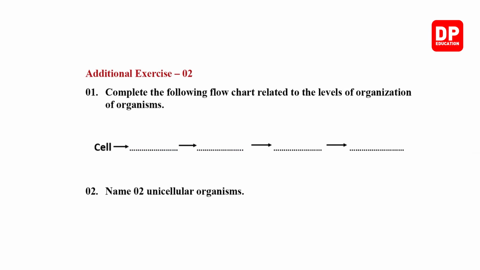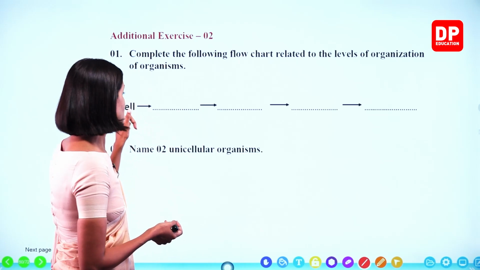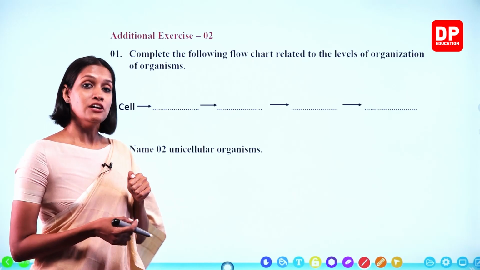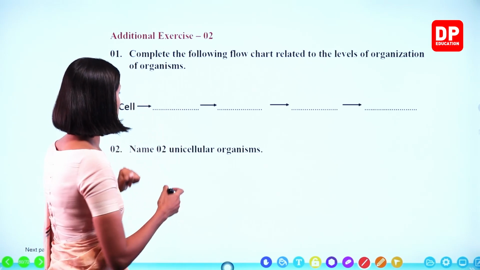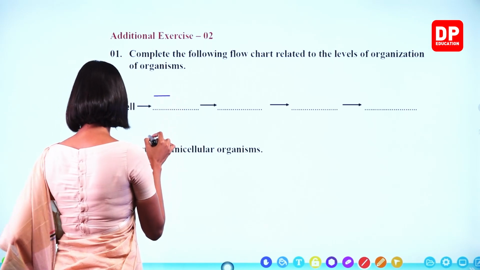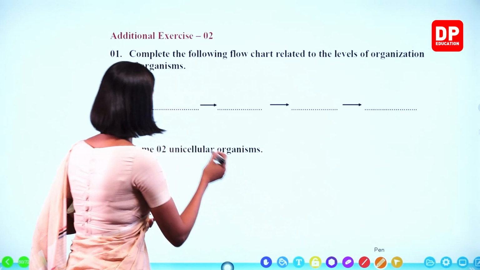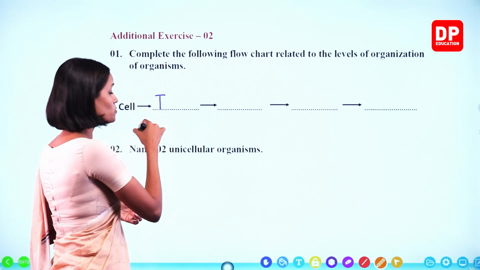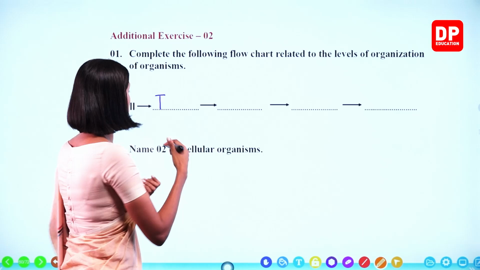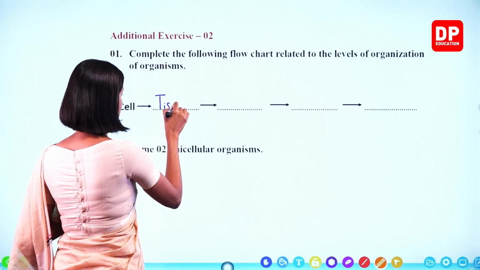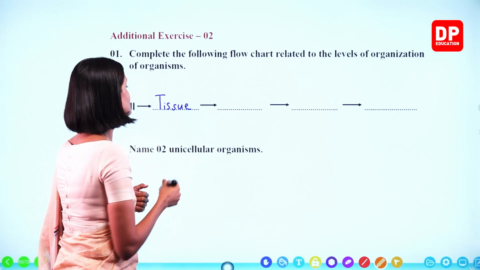Okay. Exercise number 2. Complete the following flowchart related to the levels of organization of organisms. Now, this is very easy. Here the start is given, cell, right? What is the next level, children? That is known as tissue, right? So, tissue is a group of cells that is important to do a certain function. What is the next level, children?